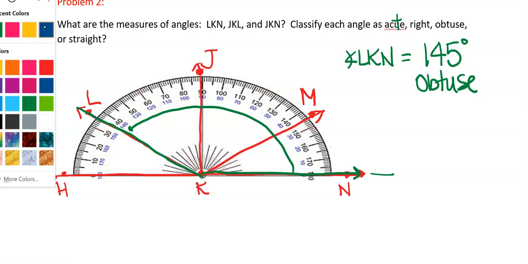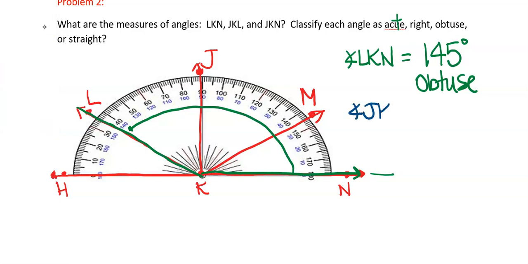Okay, let's go with angle JKL. So JKL, that's this one. Notice that ray KJ is at 90 degrees.